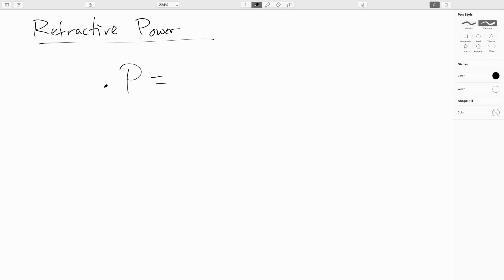Some books use a capital cursive P, but not all of them. It's defined to be 1 over the focal length. And so you would think the units would be inverse meters, but usually the unit is the diopter. And 1 diopter equals 1 inverse meter.